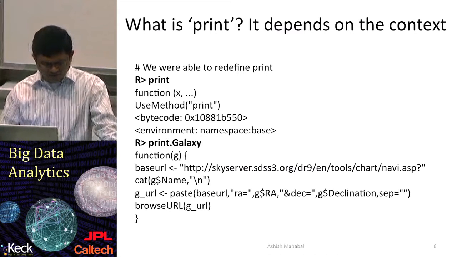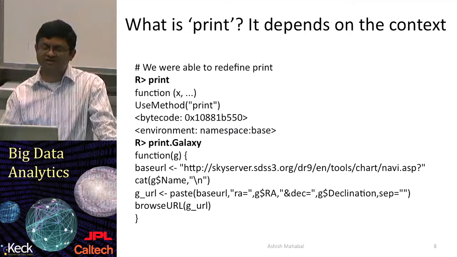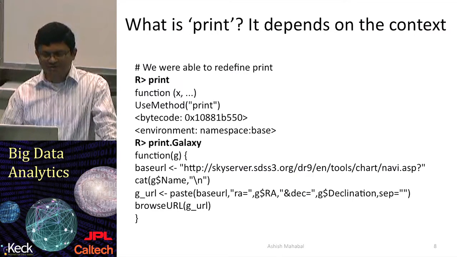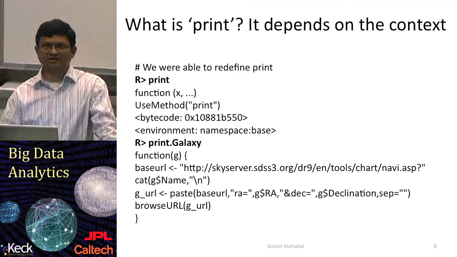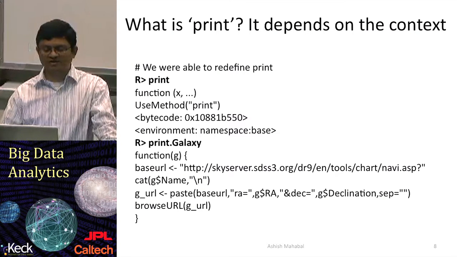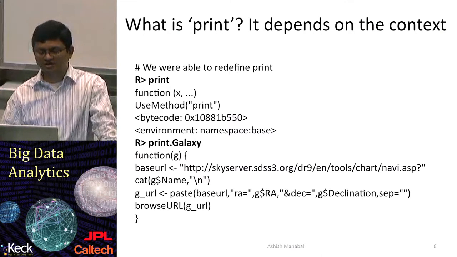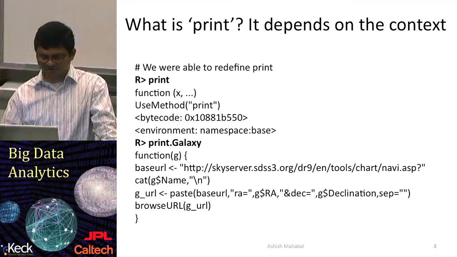So what is print after all, which we have managed to overload in this fashion? It completely depends on the context in which it is being used. If you were to simply say print at the R prompt, you will be told that it is a function which takes x as an argument and ..., indicating that there are many more arguments. And all that is happening is UseMethod print is being called.